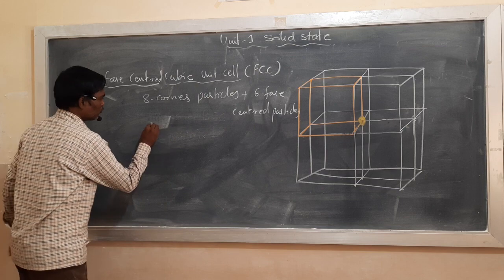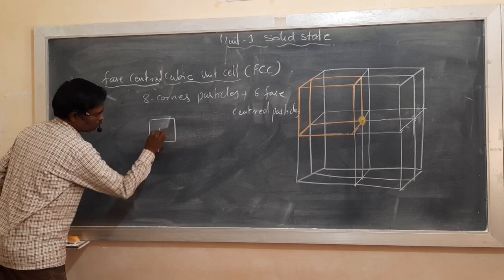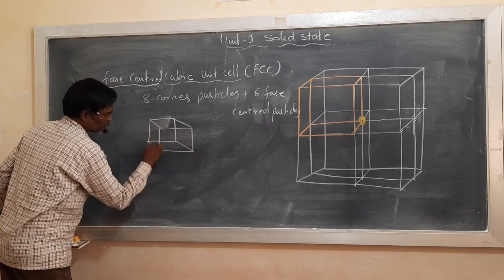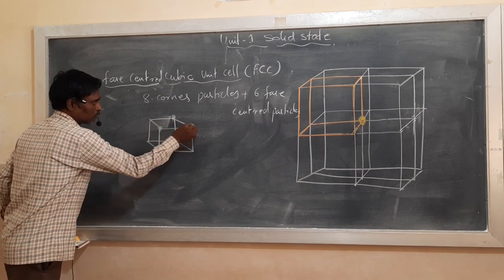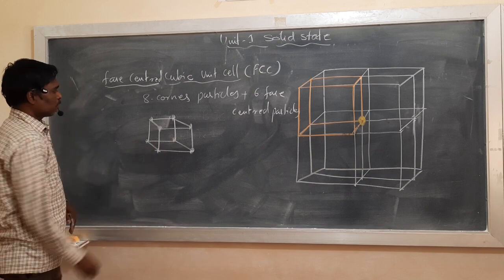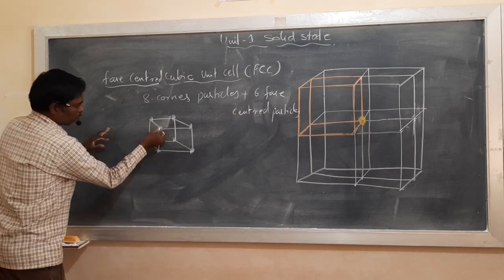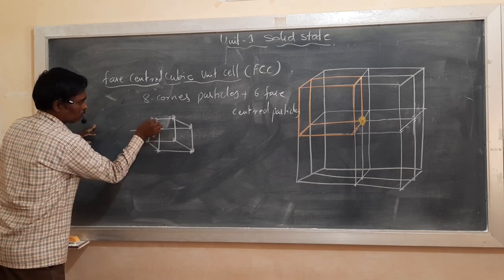For example, let me show with this cube. This is the one cube here. We know there are 8 corner particles, and let me take one face-centered particle. This is the face-centered particle. Besides this, there is another cube, let me draw.